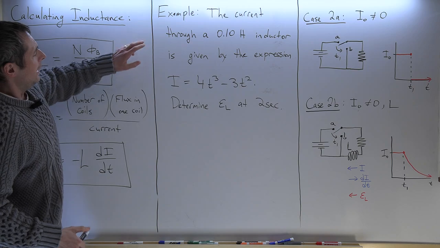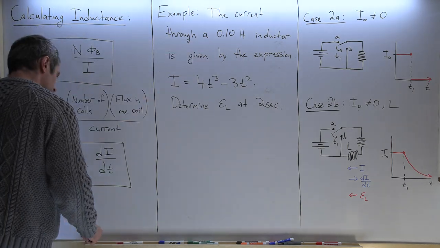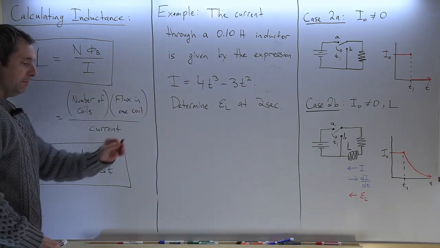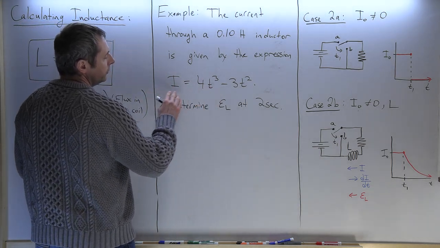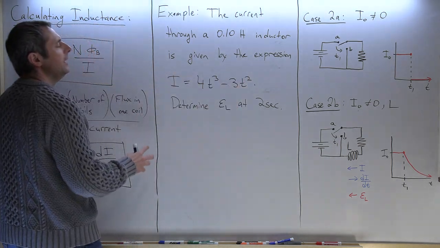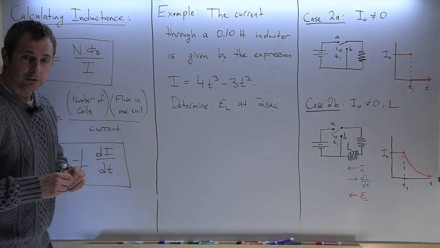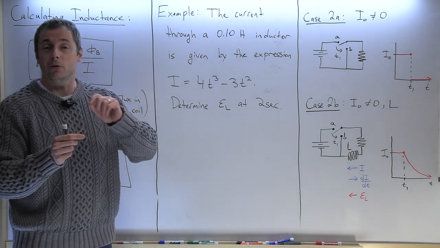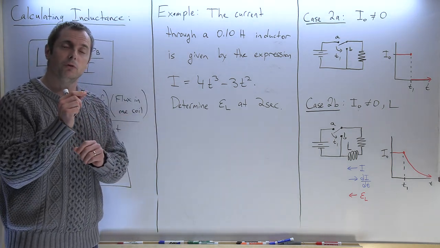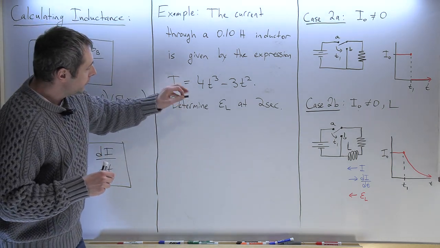So we've got a 0.1 Henry inductor, basically that little device I mentioned. We're going to change the current by this expression, and we want to find the voltage that this inductor produces, either keeping the current going or preventing it from rising too rapidly, at the 2-second mark.